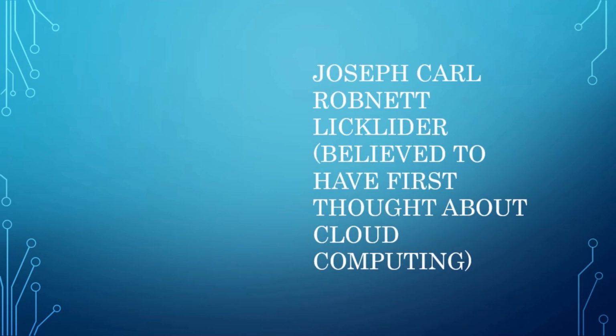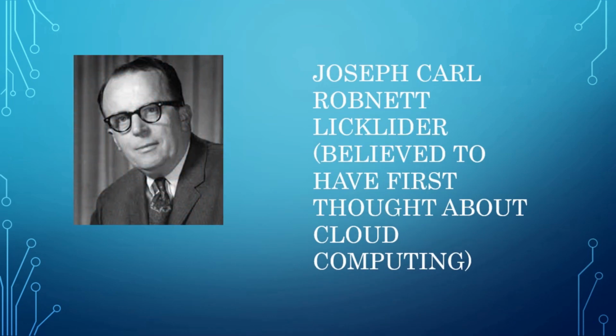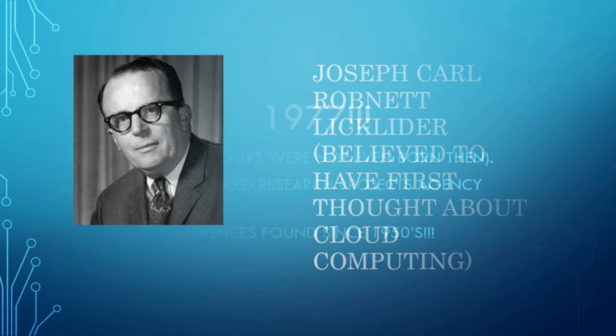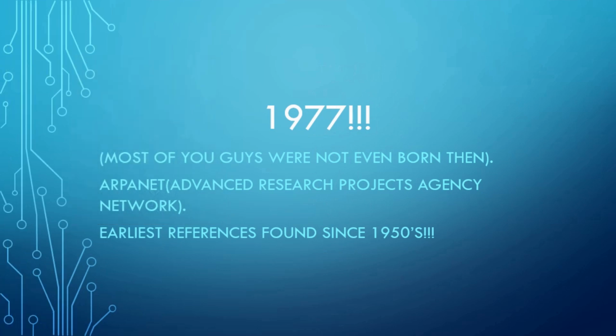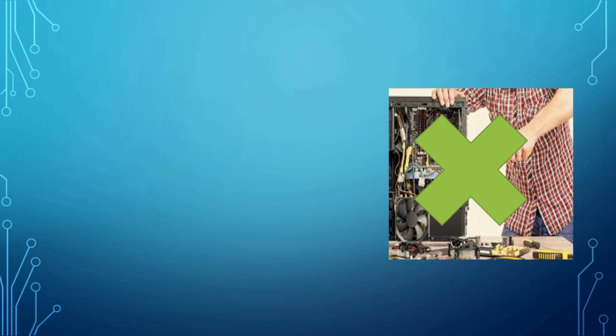Joseph Carl Robert Licklider is believed to have first thought about cloud computing when ARPANET was in use, as early as 1977. There are discrepancies as to who invented the cloud, but its references are found in texts way back in 1950s.